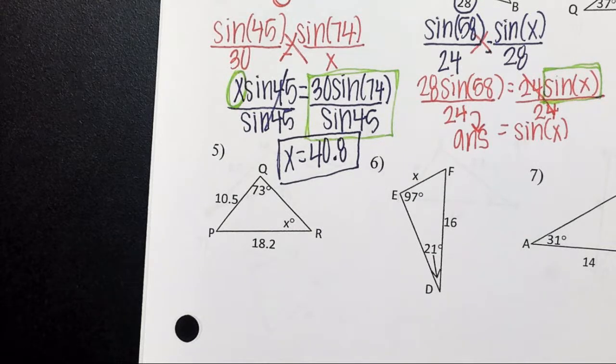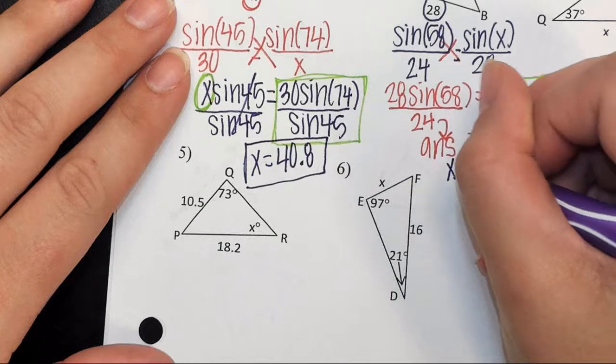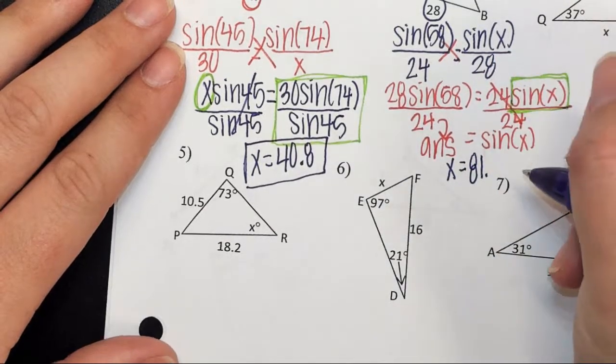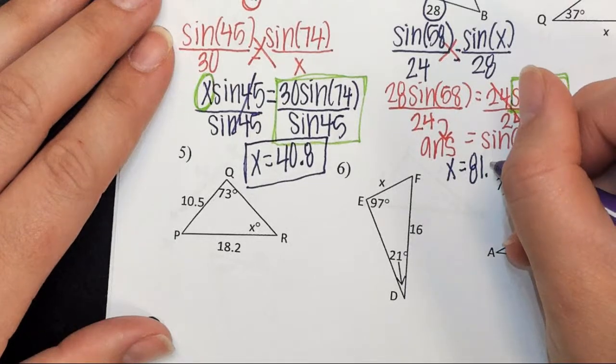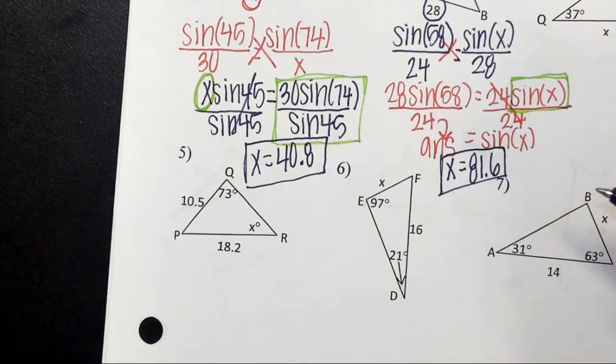Did y'all know that about your calculator? It's pretty cool, huh? So what was our answer rounded to 1/10? 81.6. Okay? That's it. We just have to practice.